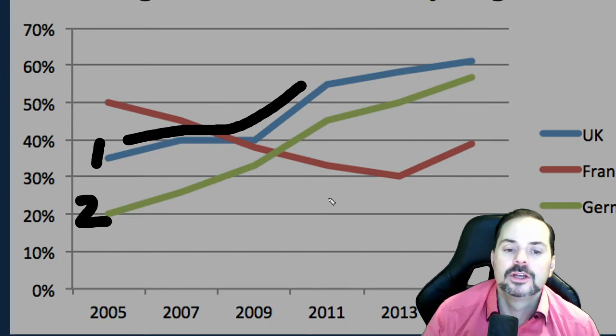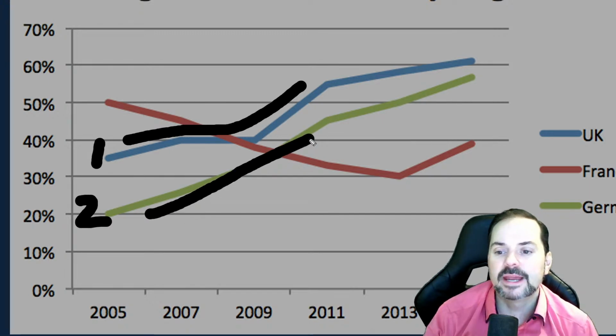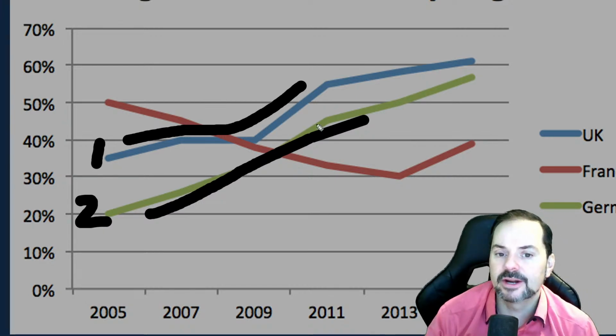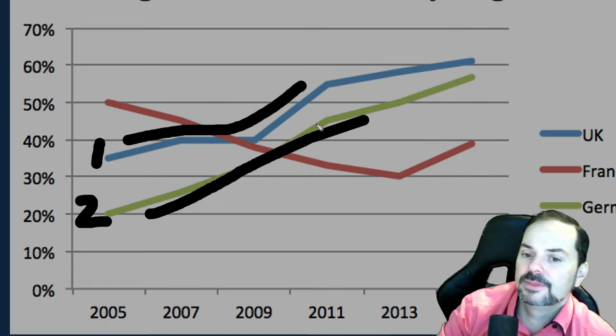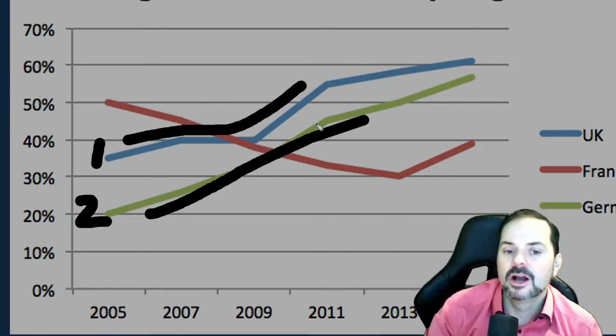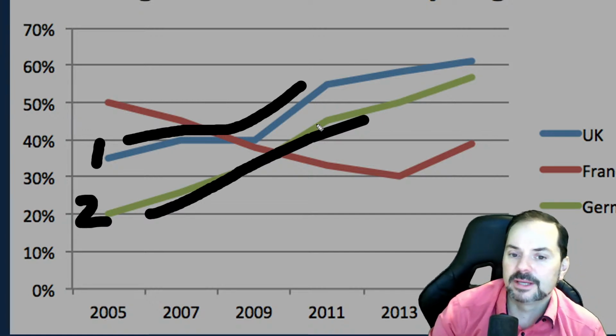Okay, so I'm going to compare Germany and the UK because they're almost parallel, or well, not quite parallel, but they show a similar type of upward trend over the course of the period. UK always a bit above Germany, but somewhat of a similar trend. Okay, so I'm going to talk about that, and then I'm going to talk about France.